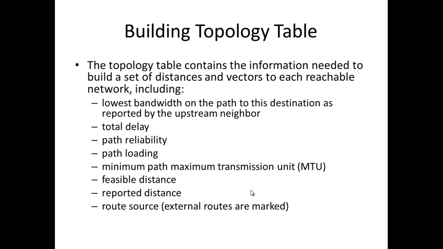Now let's see what the topology table contains. We have the following. The topology table builds a set of distances and vectors to reachable networks, including the lowest bandwidth on the path to this destination as reported by the upstream server.